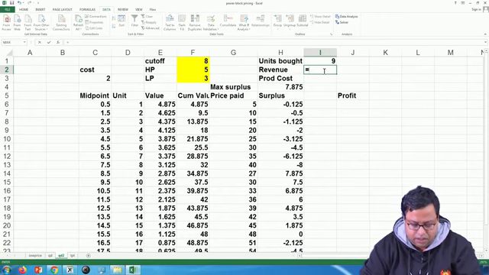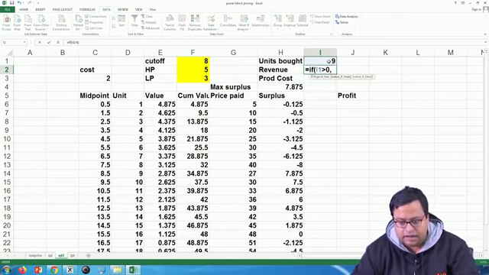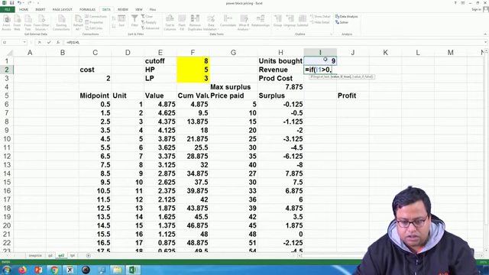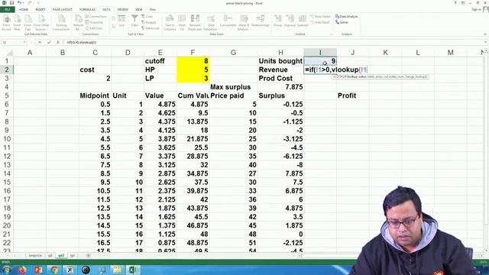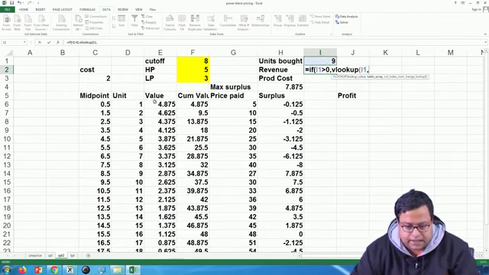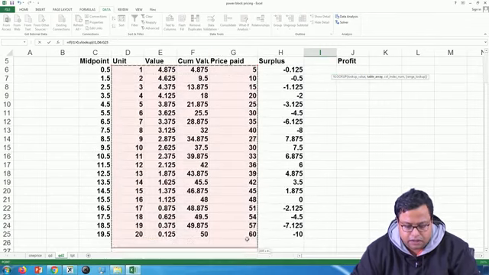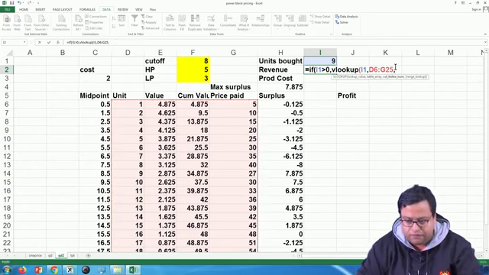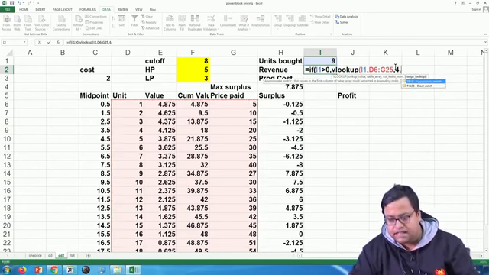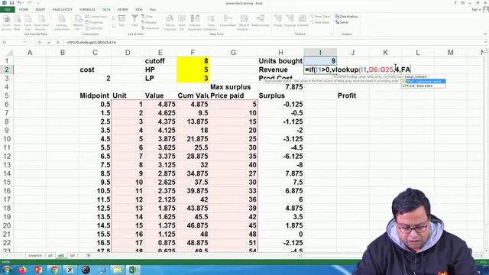And what is the revenue? If units bought is greater than 0, then the revenue is basically the same thing. So, revenue is units bought, actually I would say this one, VLOOKUP of this particular thing in the same particular range, and then 4 comma false.